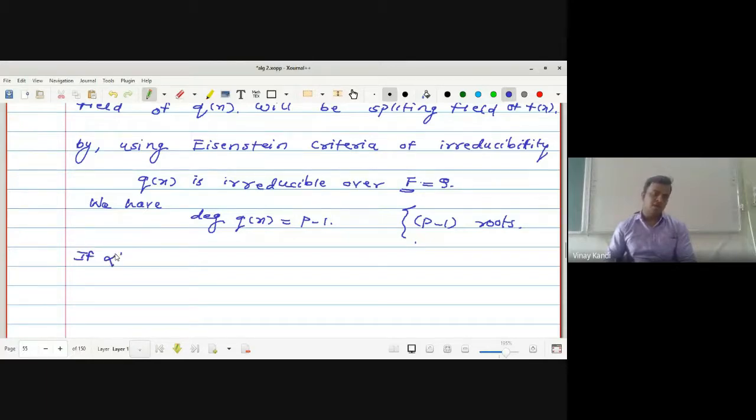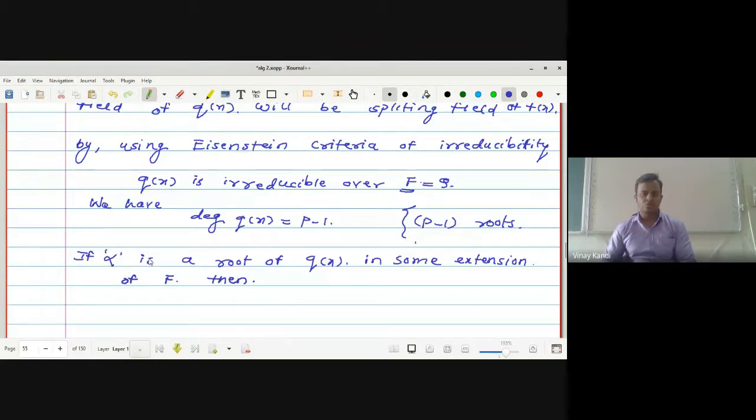Suppose alpha is a root of q of x in some extension of F. Since q of x is irreducible and alpha is a root of q of x, alpha is an algebraic element over the field of rational numbers of degree p minus 1.